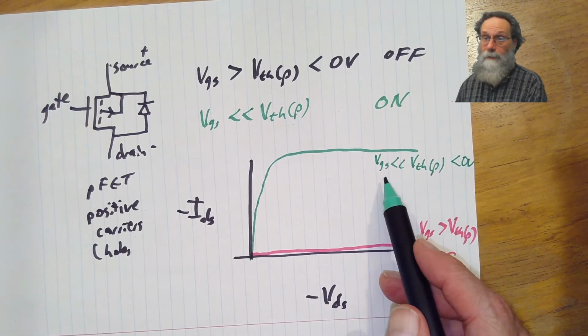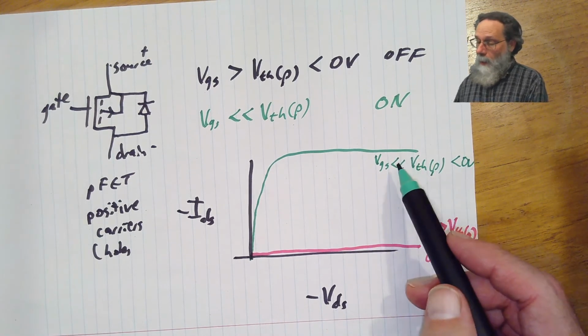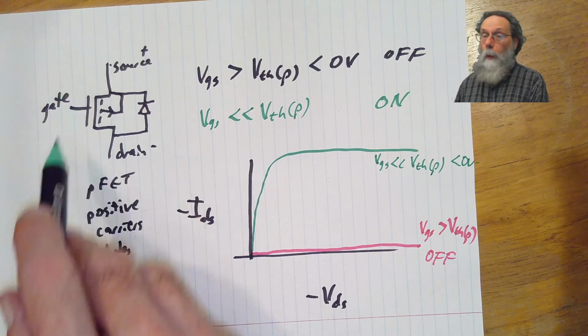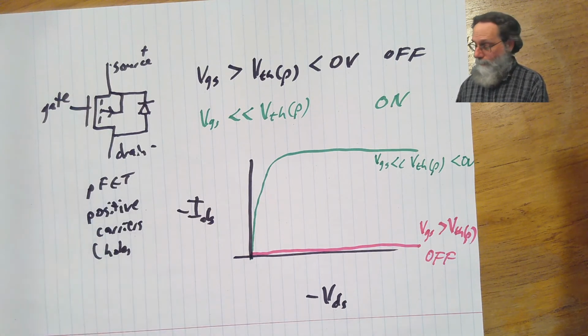So this is a very negative voltage, which means the gate, being well below the source, turns this thing on.